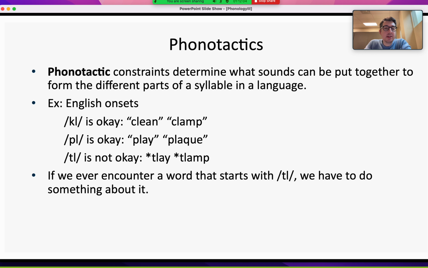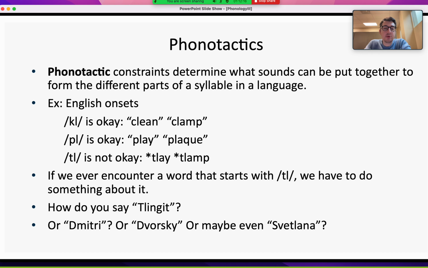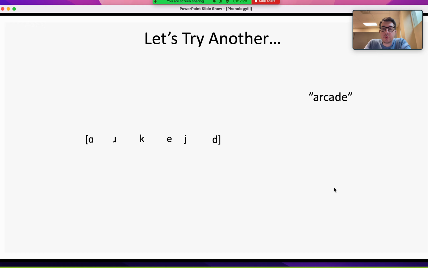And if we ever encounter a word that starts with tl, we have to do something about it. What should we do? Well, I'll tell you a little bit later. Just think about how you say the word Tlingit, or Dmitri, or Dvorsky, or even Svetlana. All of these words are foreign words, but you might have heard them somewhere. And what do we do when we encounter those words? I'll tell you a little bit later.